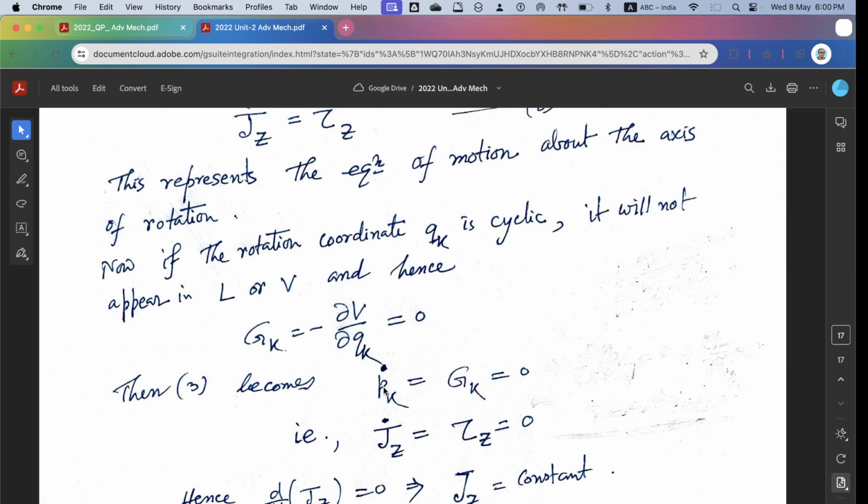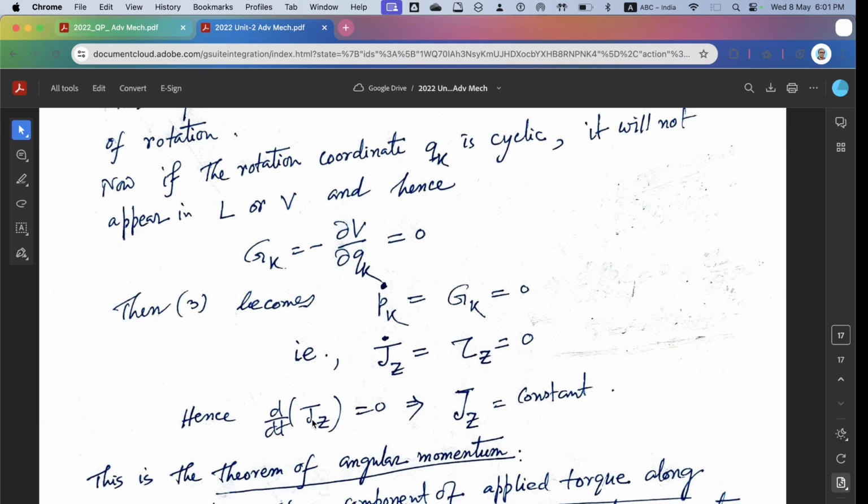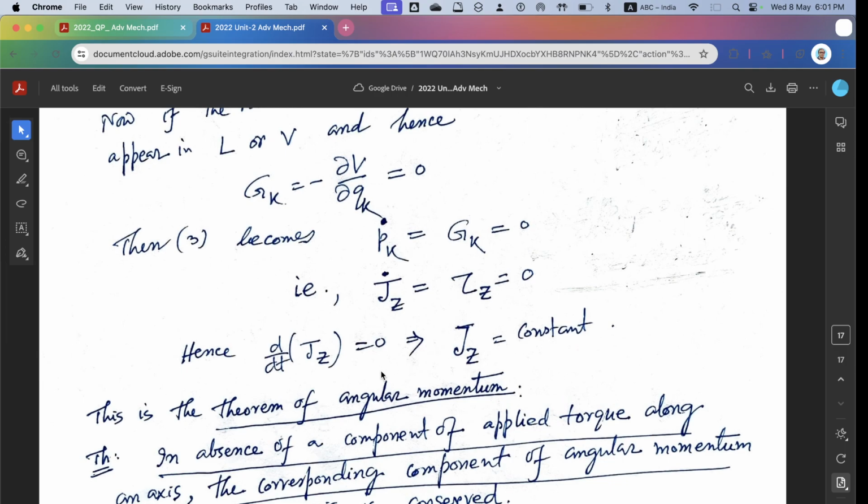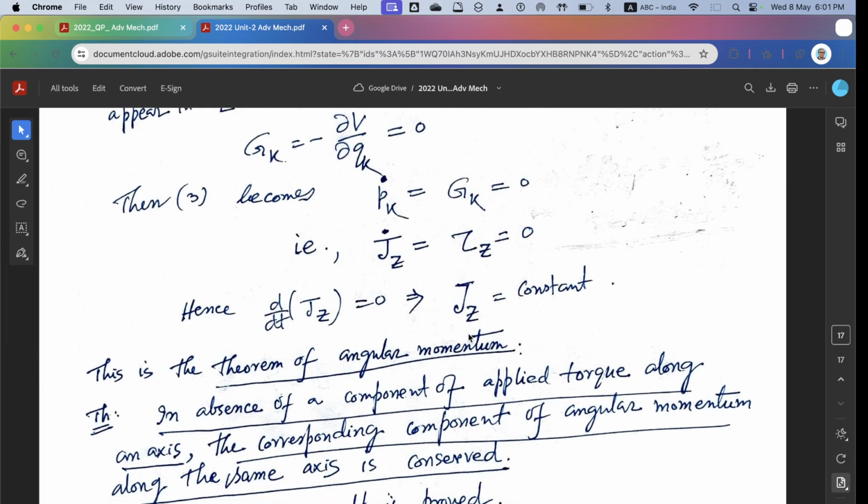Then 3 becomes pk dot equal to gk equal to 0, and jz dot equal to tau z equal to 0. Hence the derivative of jz equal to 0, and jz equal to constant. This is the theorem of angular momentum.